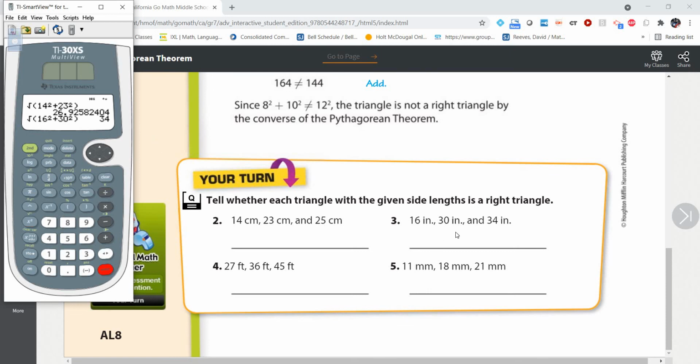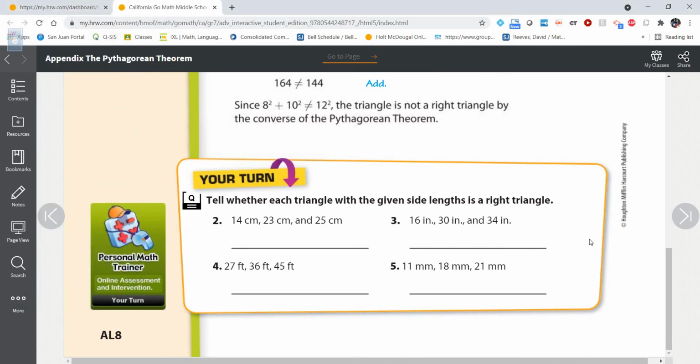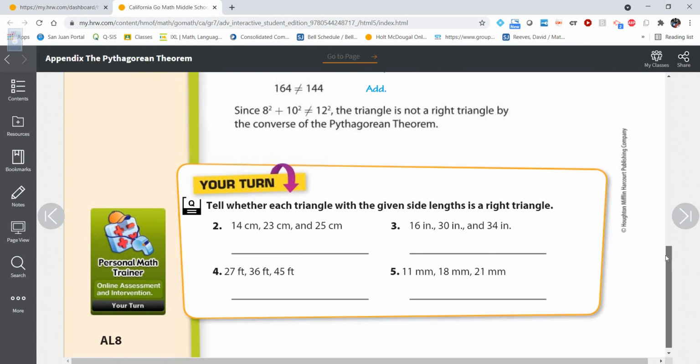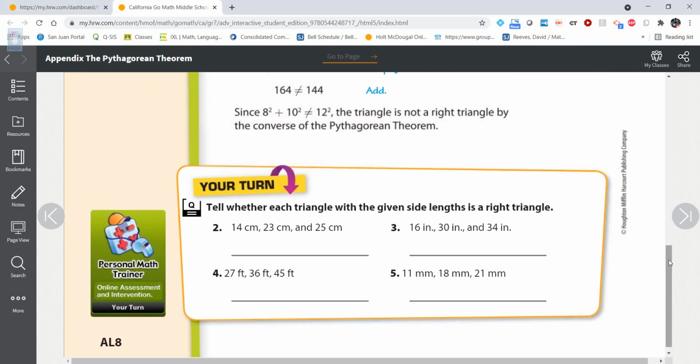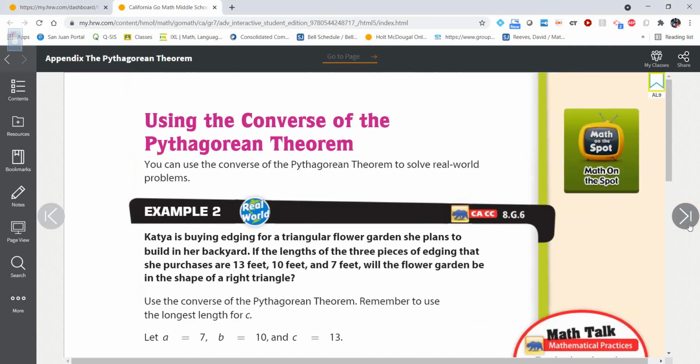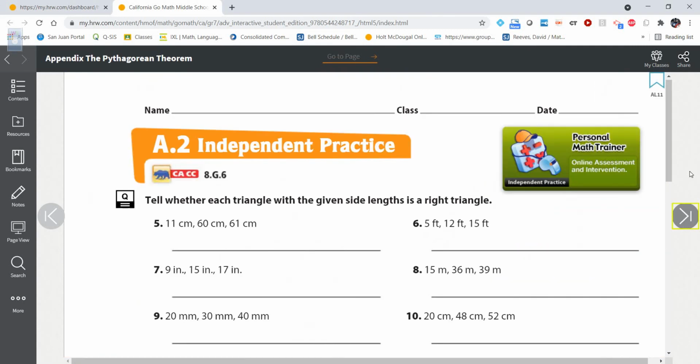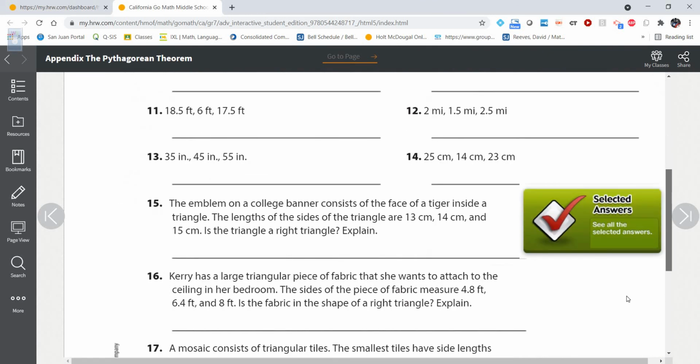We get 34, so that one did work. All right, so whether you just want to check a squared plus b squared and then compare it to c squared, or if you want to compare the square root of a squared plus b squared to c, you can do that as well.